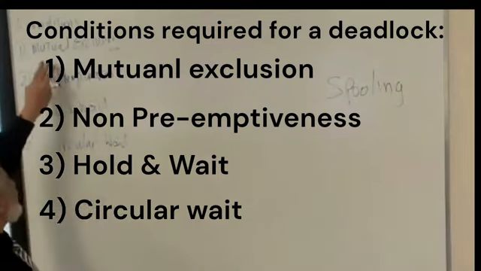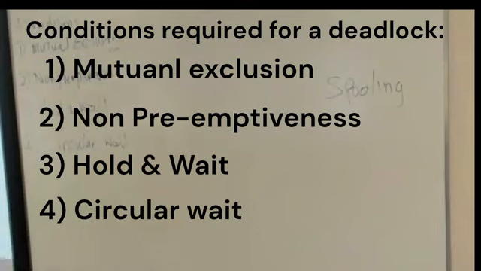So, first, how do we get rid of the mutual exclusion condition? How can we turn our dedicated devices into shareable devices? You have any idea how we can do that? How can we turn a printer, normally a dedicated, mutually exclusive device, into a device that can be shared? Spooling. So that's the idea of spool, right?